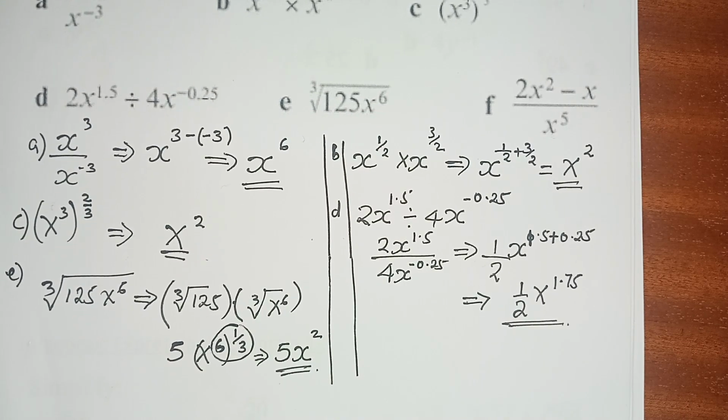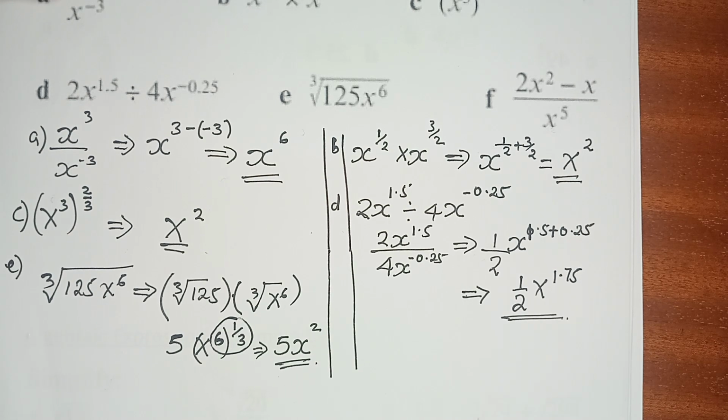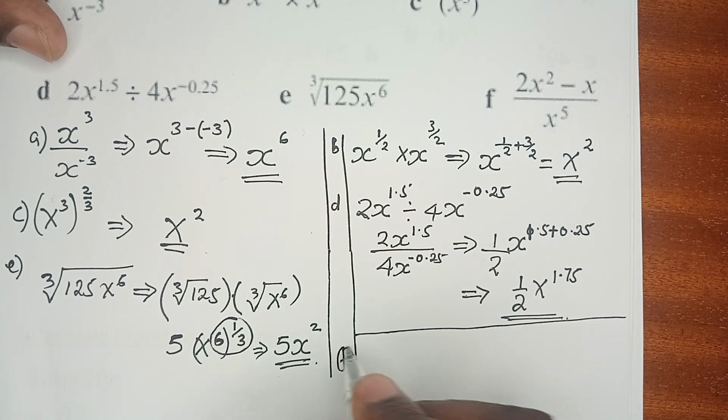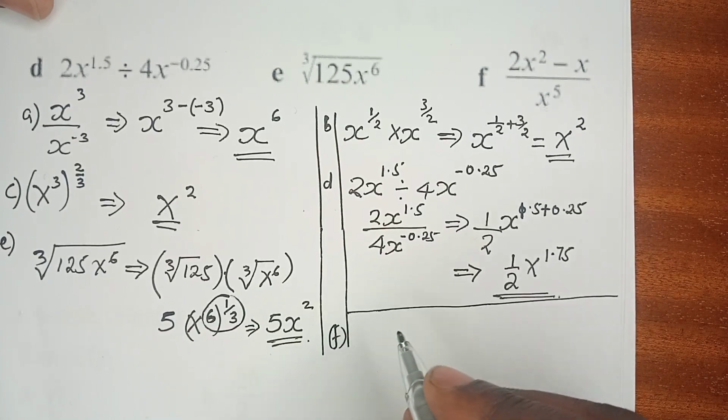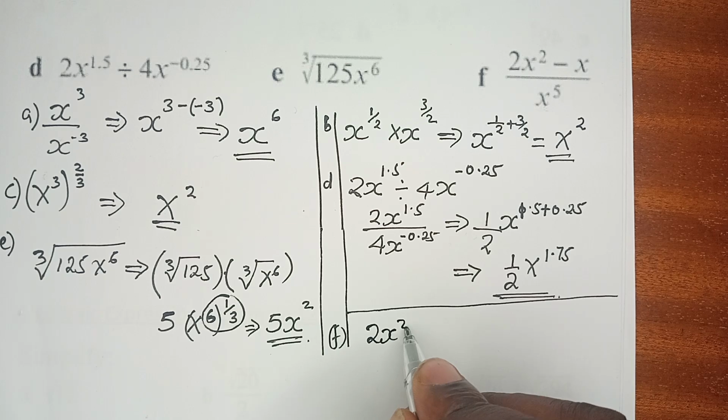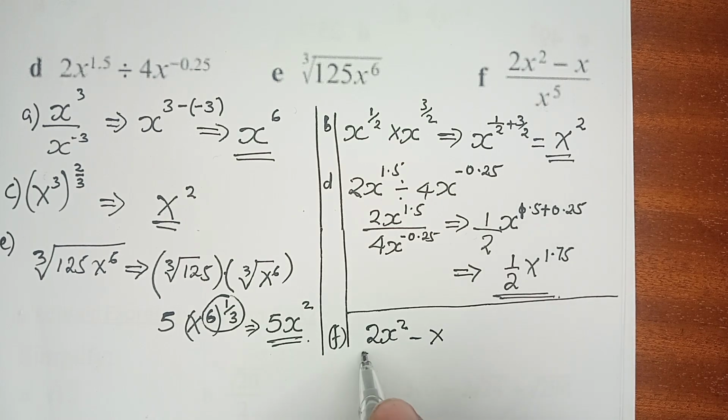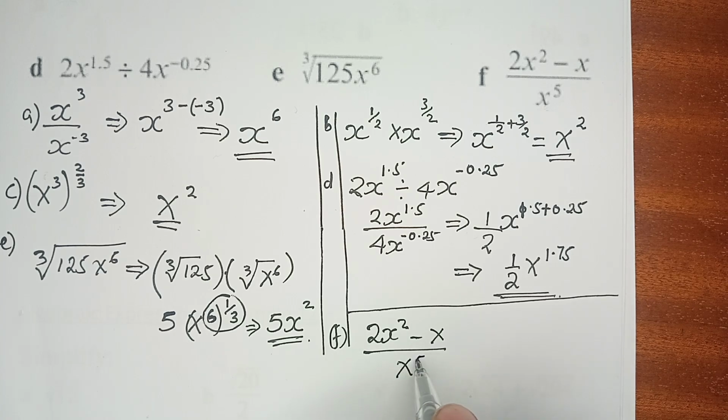As far as part F is concerned, let me just work out part F here. Part F is going to be 2x squared minus x, everything over x raised to power 5.